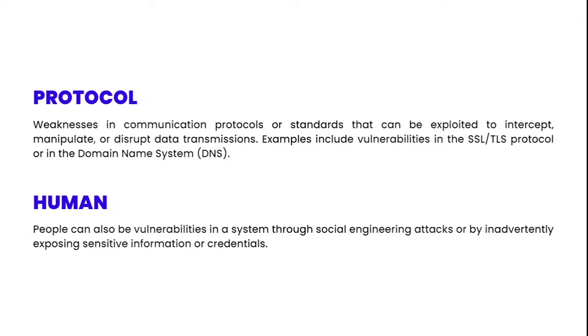Now lastly we have humans. Why have I said that humans are one of the weakest links in vulnerabilities? Because humans are very easy to manipulate. Suppose you have a very close friend or sibling, and they ask for your Netflix password, your Disney Hotstar subscription, or any social media accounts.